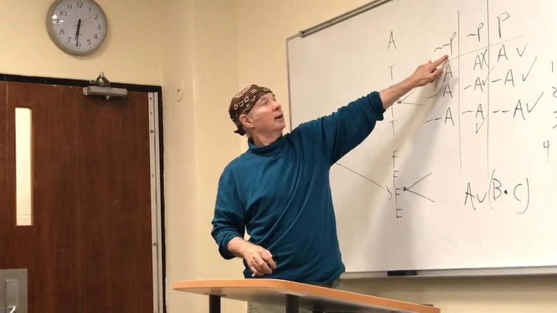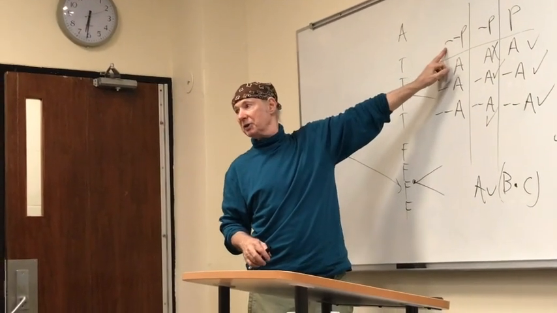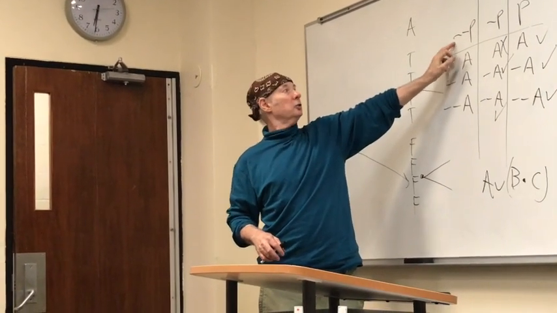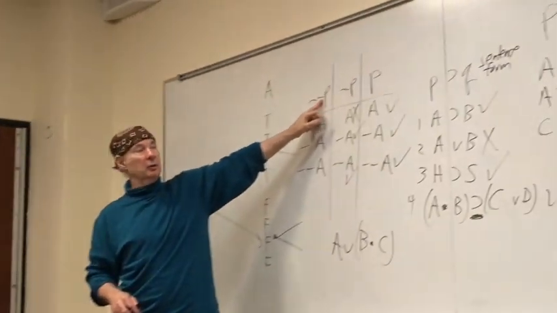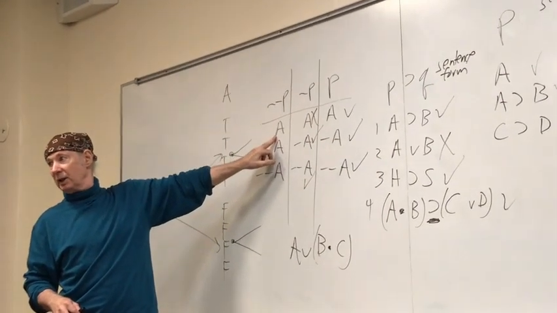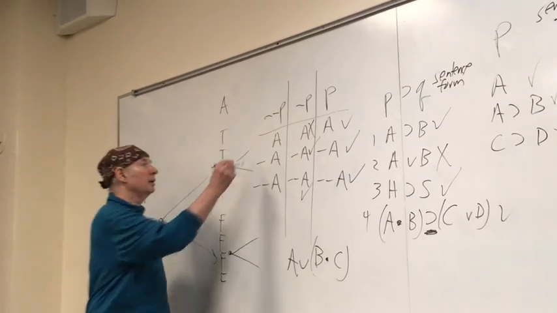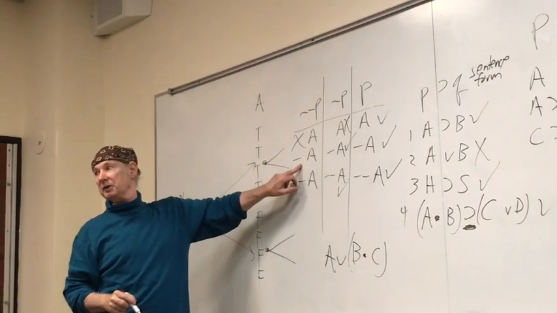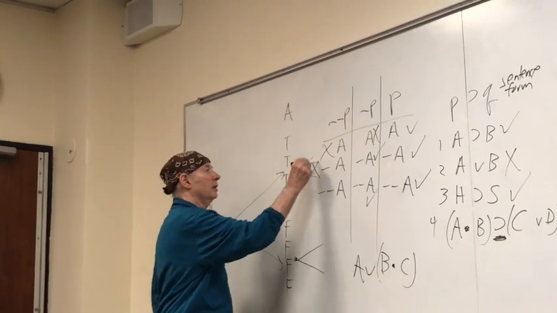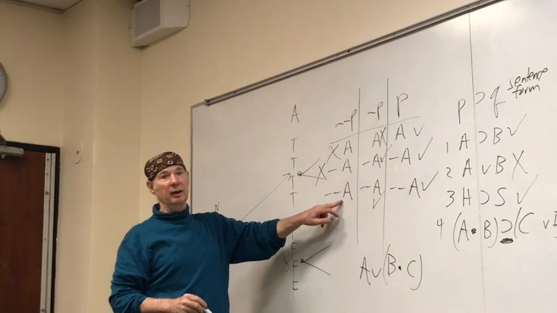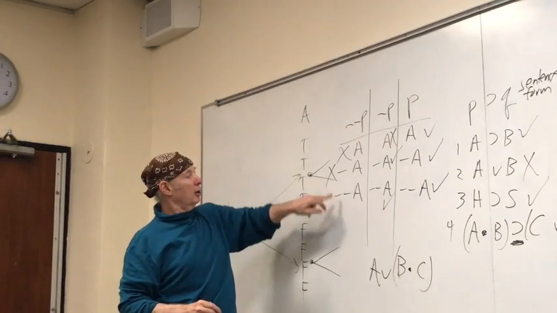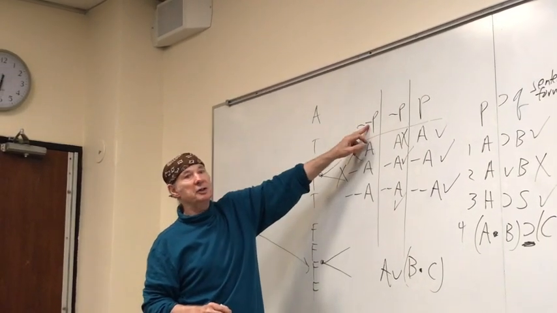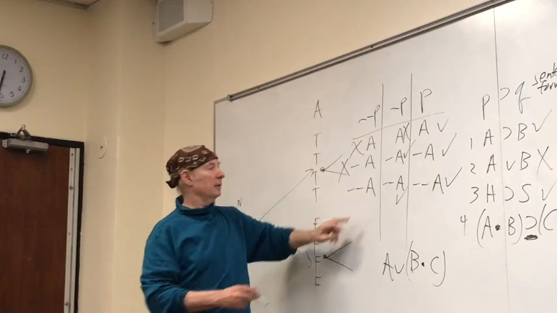Over here, truth function of largest scope. Truth function of next largest scope. Is A a substitution instance? No. Is squiggle A a substitution instance? Only squiggle, squiggle A. Largest scope, largest scope. Next largest scope, next largest scope.